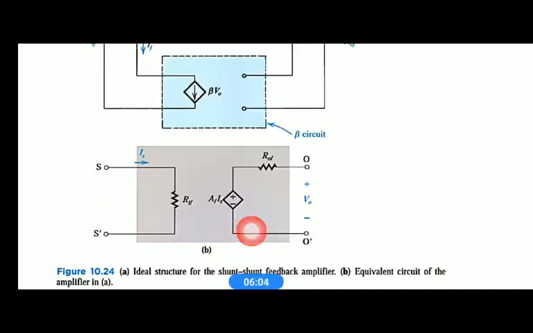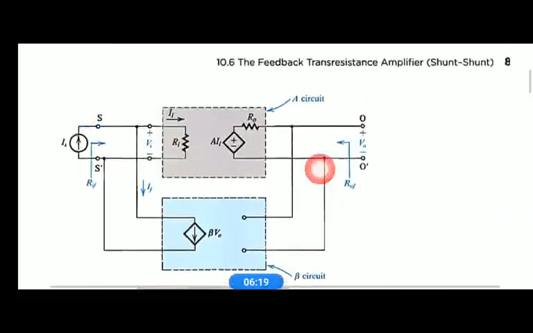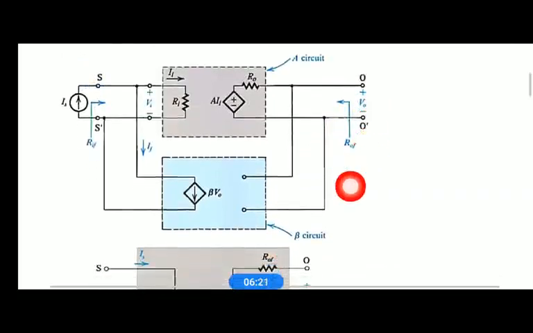The input resistance for the whole amplifier, looking from points S and S dash, is RIF, and the output resistance looking from O and O dash is ROF.